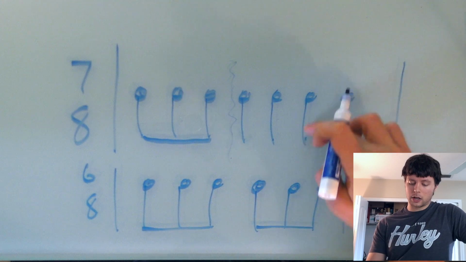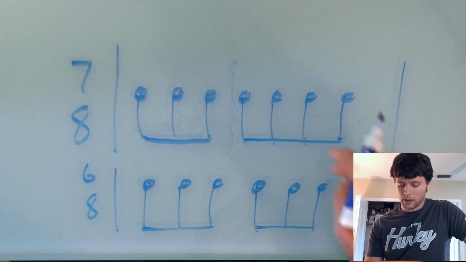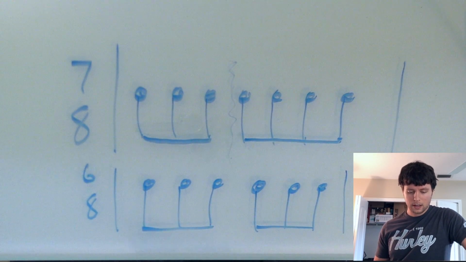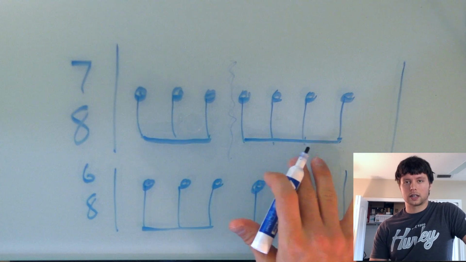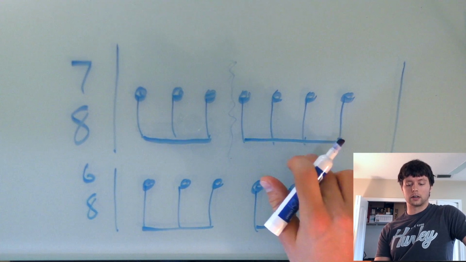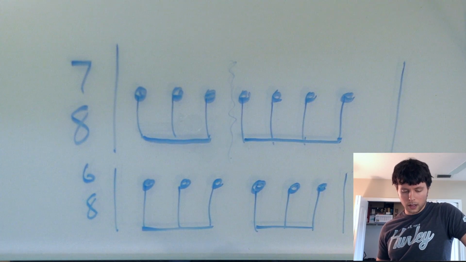And really, it doesn't matter how you break it up, you're going to wind up with unequal beats, and that's what's so unusual about a time signature like this. So we have our first beat with three eighth notes, and then our second beat with four eighth notes. That will mean that this second beat is longer. It will take more time to get through this beat than it will for this one.